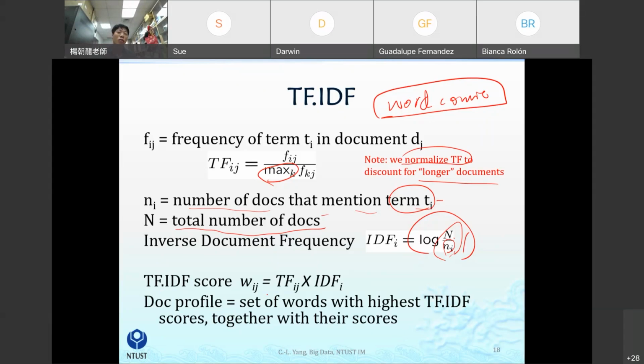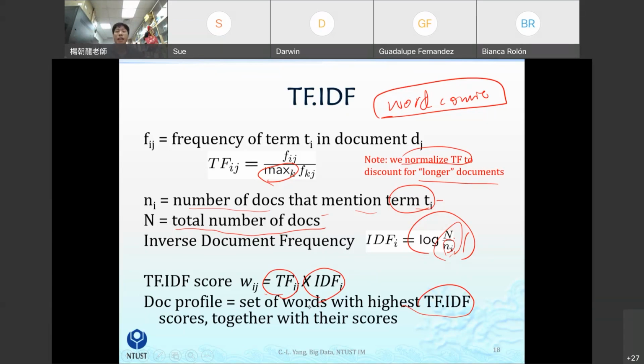So when we multiply them together, it's called TF-IDF. We try to find and accept the words with the highest TF-IDF score, and then we choose those terms to create a profile for the particular item.